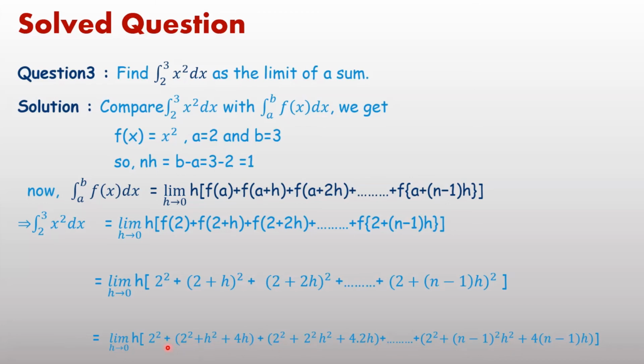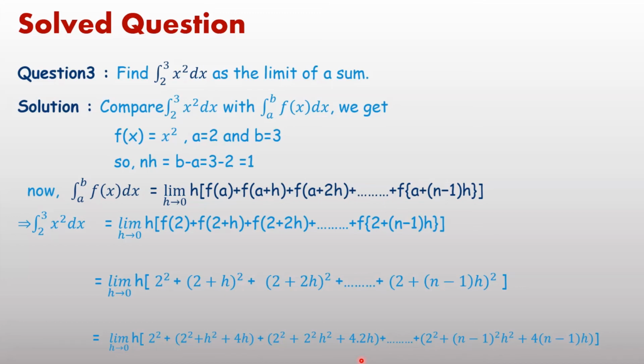In this pattern we can expand it. In every term we can write 2 square, 2 square, 2 square, 2 square, how many times? n times. Then next we can write h square plus 2 square h square up to (n minus 1) square h square. In this pattern, write these three terms separately.